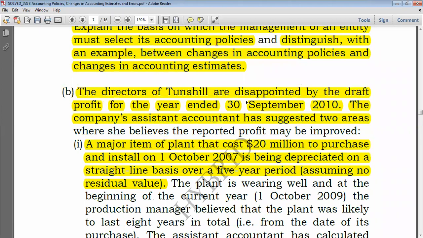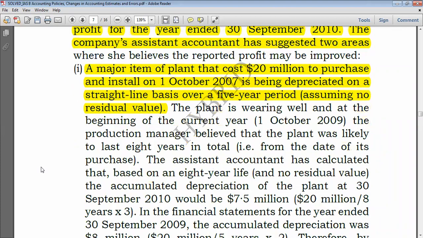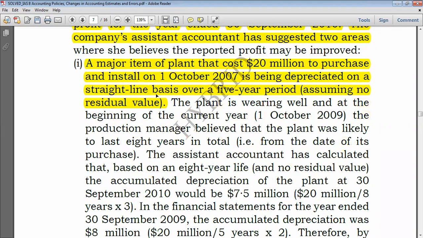That means the year started on 1st October 2009, that means 2 years have passed from this date. And so we should have charged depreciation twice. So $4 million depreciation for the first year and $4 million depreciation for the second year. What amount would you have remained with? We expected to remain with 20 million minus $8 million. That would have been $12 million. That is just our expectation, but we are still reading the question.